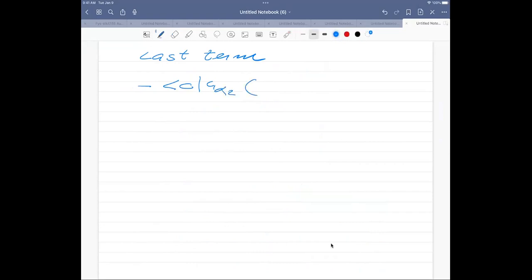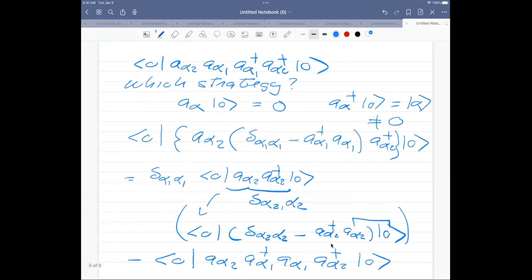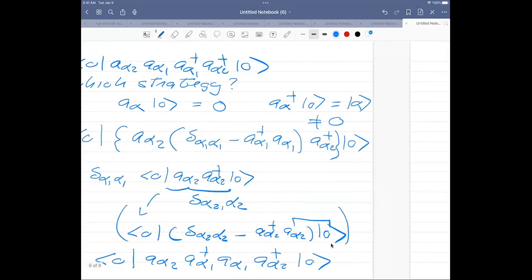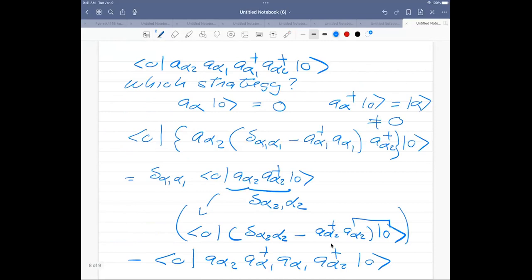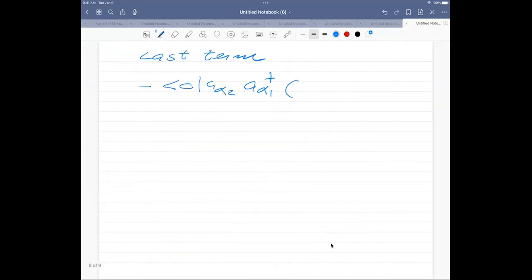And then, if we go back here, we have an alpha 1 dagger. And then we use now for the last one here the interchange of two operators. So we get a Kronecker delta, which says that we have a delta alpha 1, alpha 2, minus an A alpha 2 dagger, A alpha 1, acting on the vacuum state.